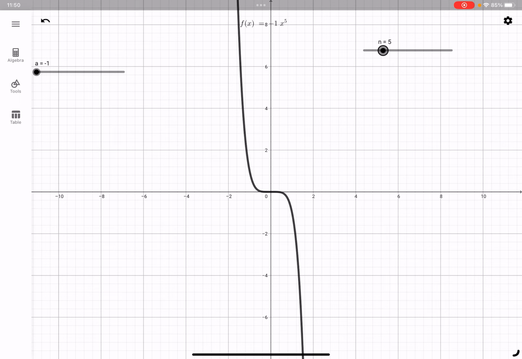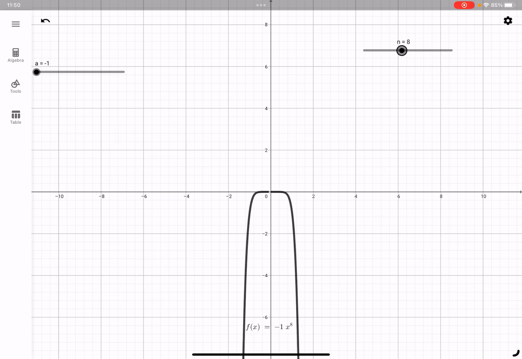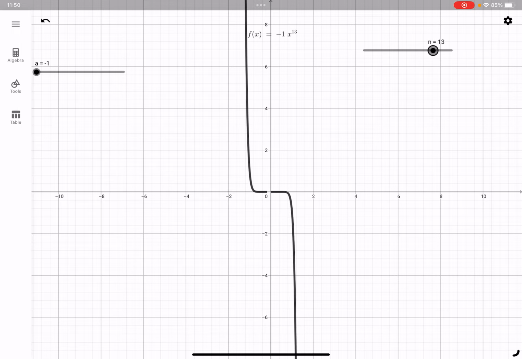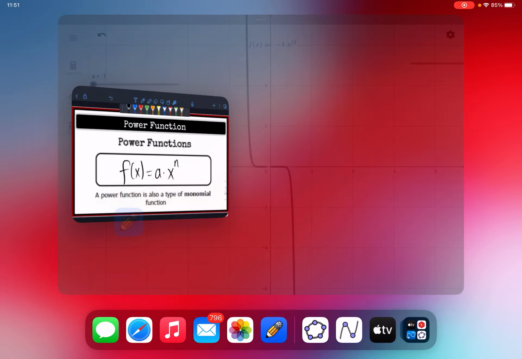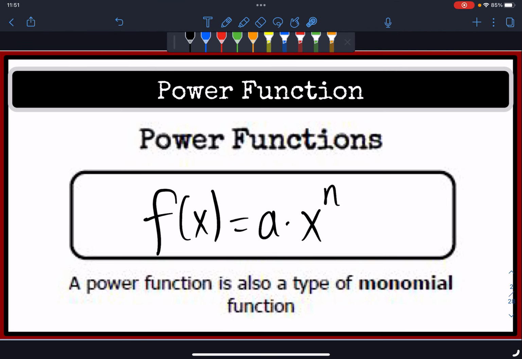So notice that this function is decreasing, this function is decreasing, and so on. So our functions decrease from left to right. So our power functions behave in one of those two possibilities.